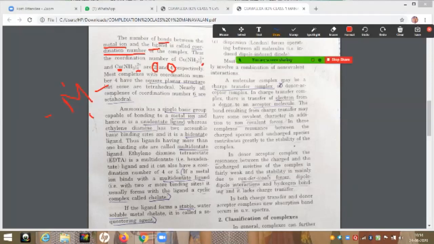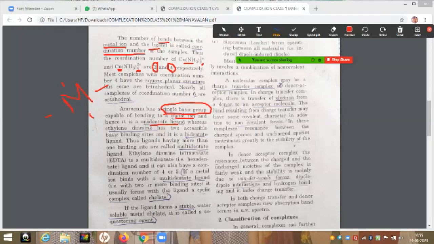Now, ammonia has a single basic group capable of bonding to a metal ion, and hence it is a unidentate ligand. That is, ammonia has a single basic group, NH3. It means 2 molecules of ammonia are required in this case to saturate the vacant spaces of this copper metal ion.